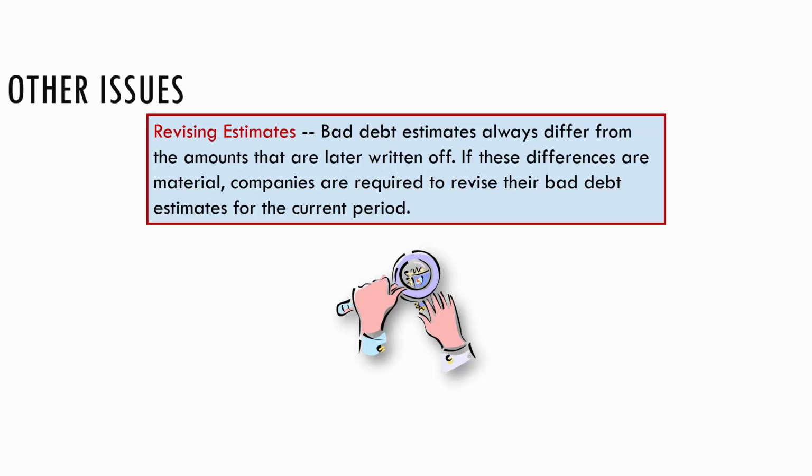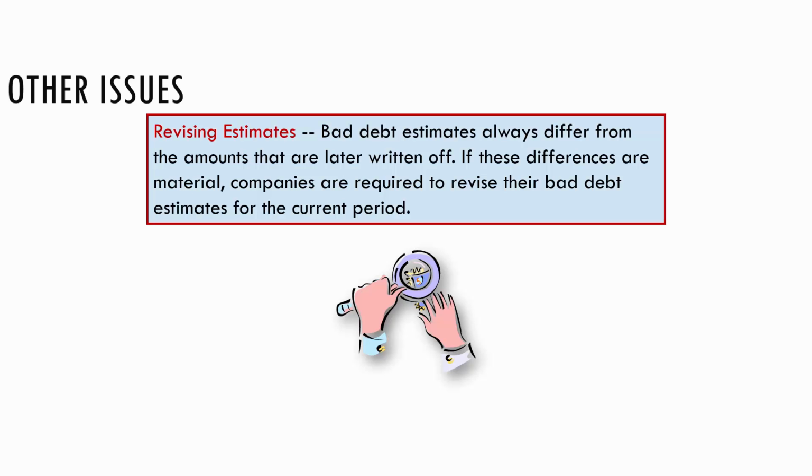There are a few other issues related to this. Generally, your bad debt expense is an estimate, and it's not going to be accurate. It's not going to be perfect. I think in the previous slide we had 900 versus 800, and I said, well, maybe the other 100 will come in later and it'll be fine.